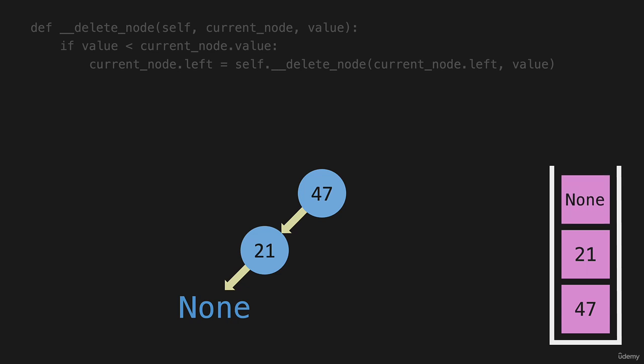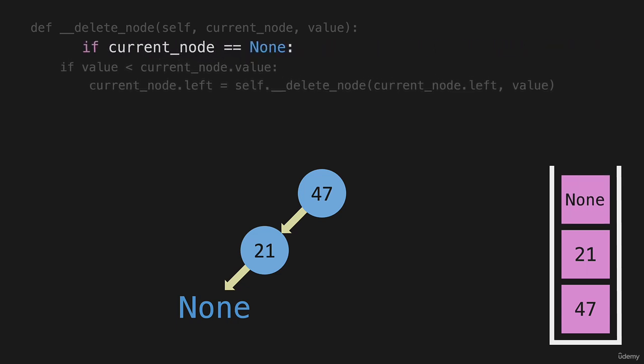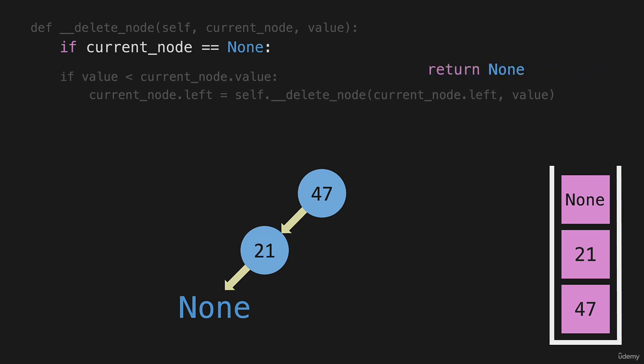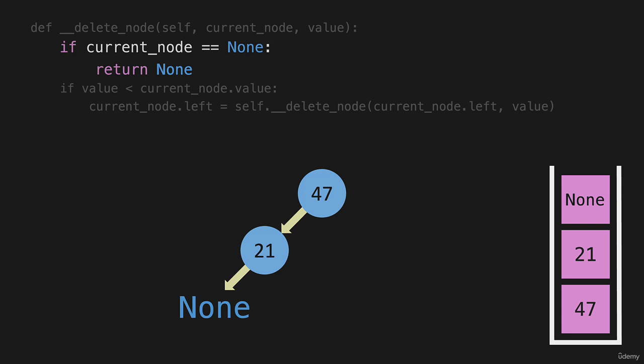And this is our base case, and we'll say if current node is equal to none, we're going to return none. And to this point, this line here is the first thing that is different from the insert method. And it's going to return none to the calling method.